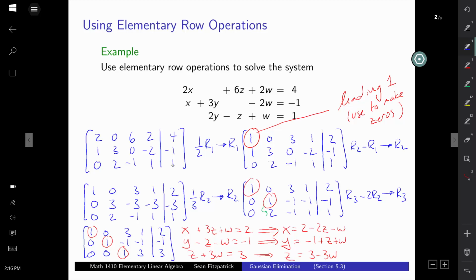So x is going to be equal to 2 minus 2 times (3 minus 3w) minus w.